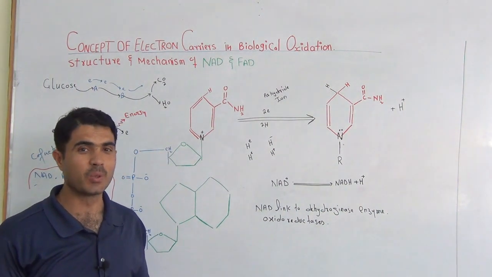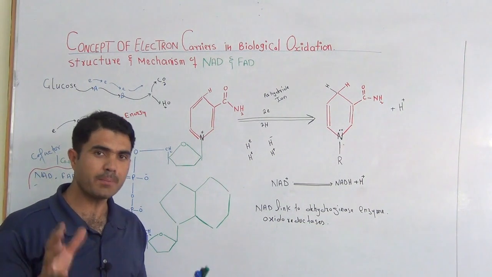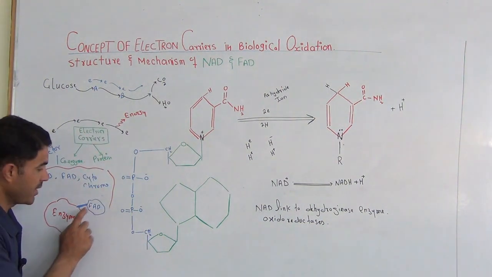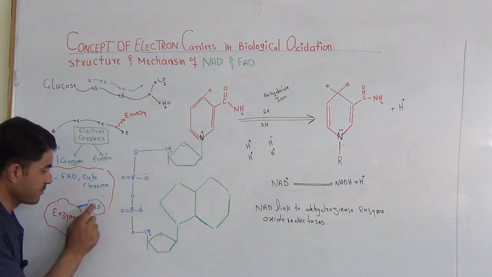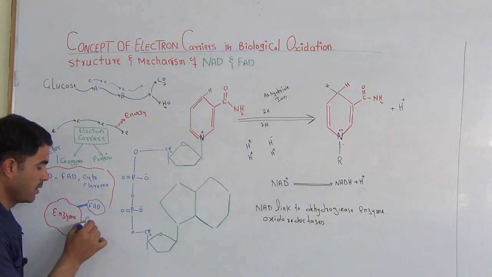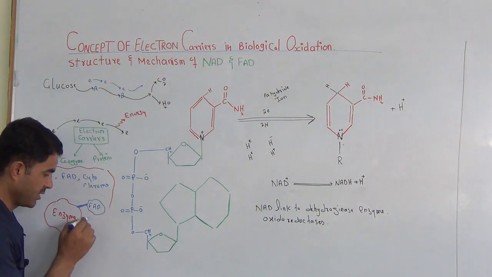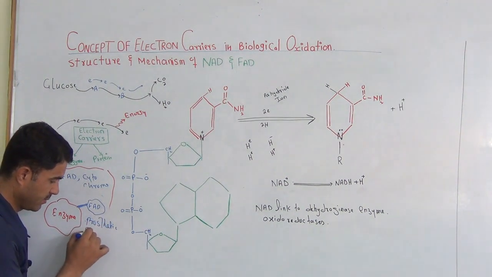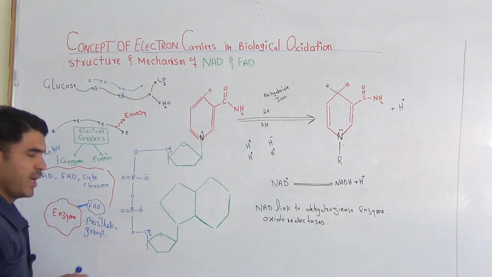A prosthetic group is a non-protein part of the enzyme that is attached with the enzyme. So just like FAD, it is strongly attached, and so we will call it a prosthetic group, right?